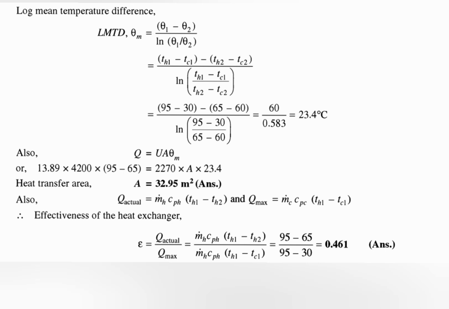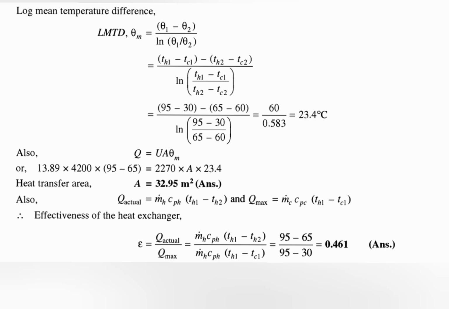But the maximum heat transfer is formed due to Th1 minus Tc1. Why? Because Th1 is the initial temperature of the hot water and Tc1 is the initial temperature of the cold water. That is the maximum possible temperature difference that can occur, and so the maximum possible heat transfer is due to Th1 minus Tc1.